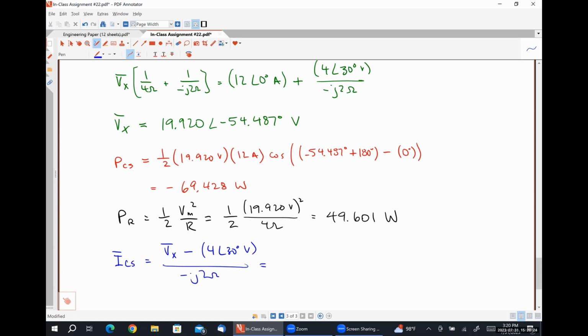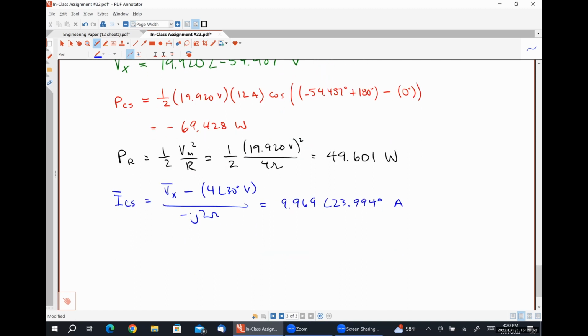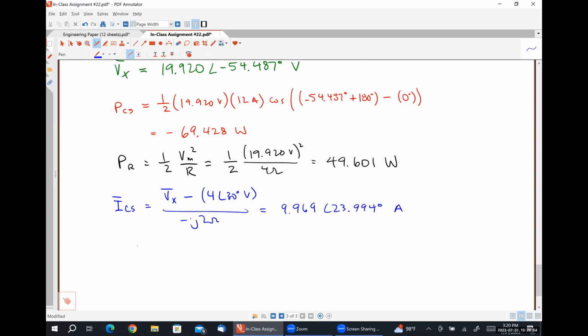Vx minus 4 angle 30 divided by -2i gives me 9.969 angle 23.994 amps. And so, sorry, it should be VS.